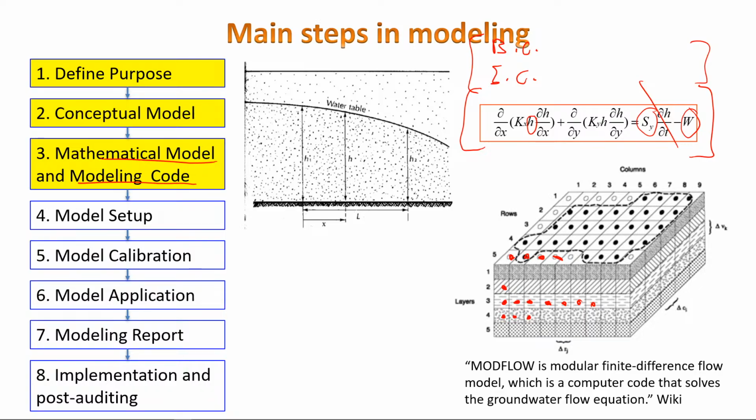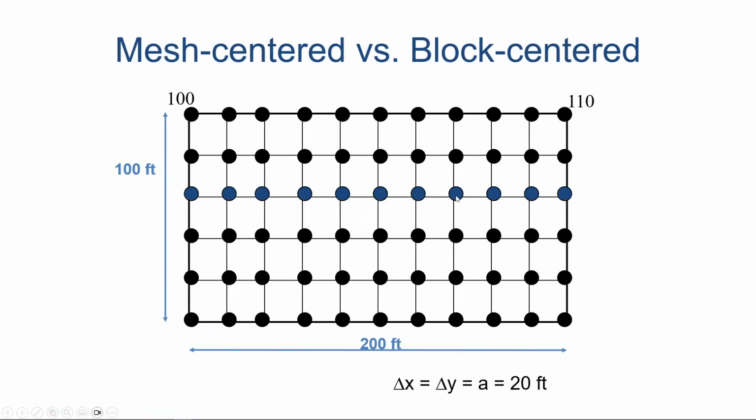Okay, and then what else? Here is an example: for this finite difference model, you can have two solutions, mesh centered or block centered. Mesh centered, you estimate the head here, here, here. Block centered, you just estimate the head here. That's the difference.